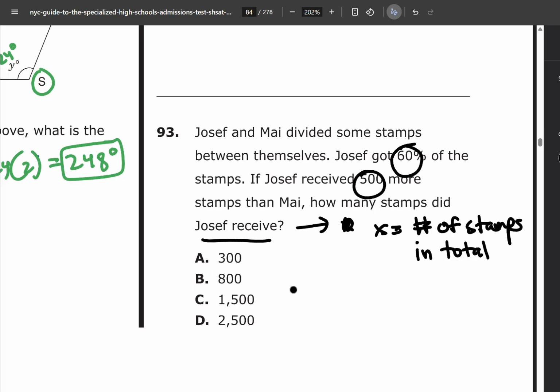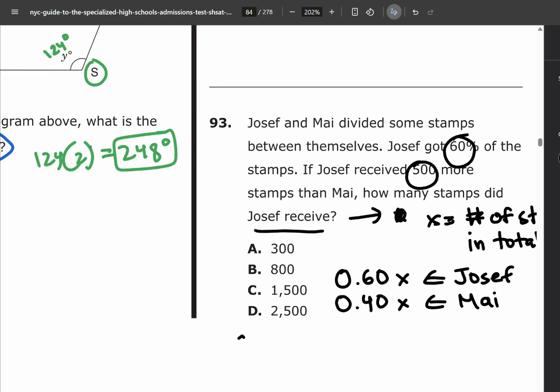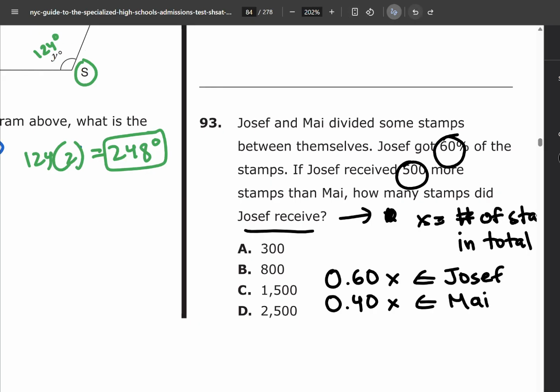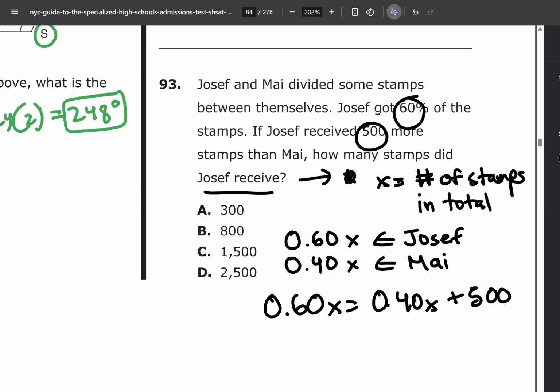And yeah, so Joseph got 60% of the stamps. So 0.60x is equal to how much Joseph got. And inherently that means that May got the other 40% left. So Joseph received 500 more stamps than May. So 0.60x is equal to whatever amount May has, plus 500, because Joseph has 500 more stamps.